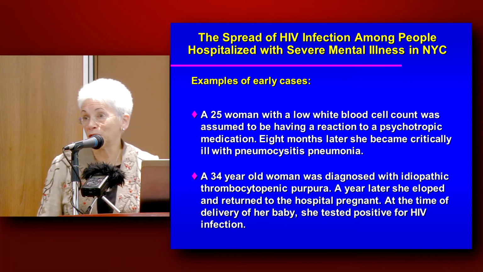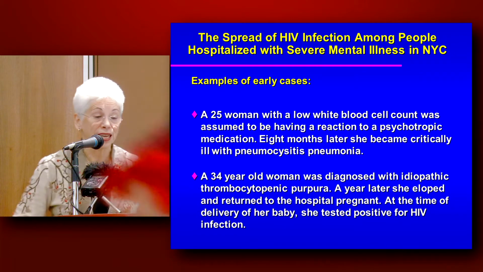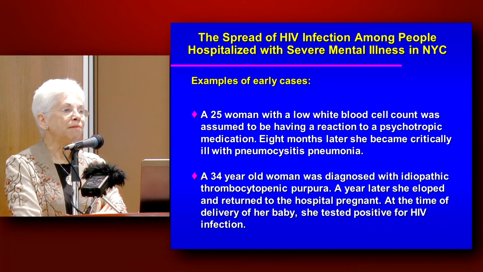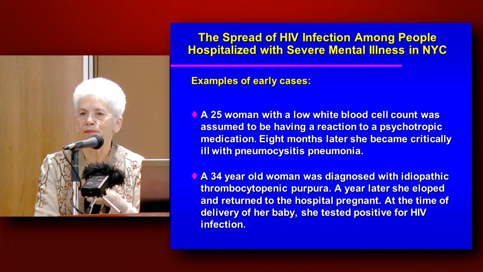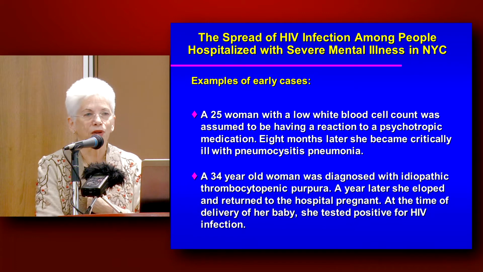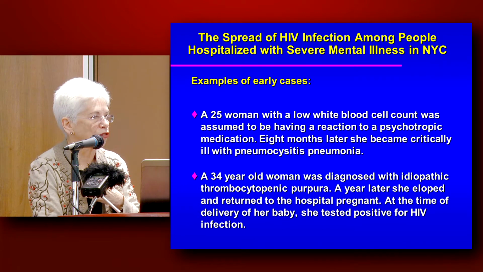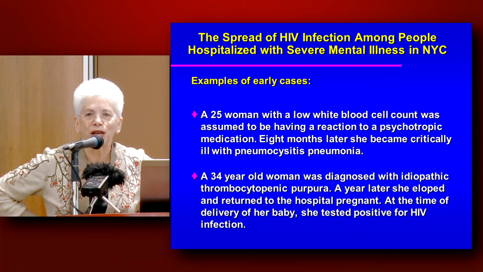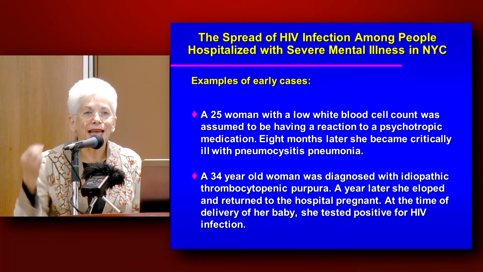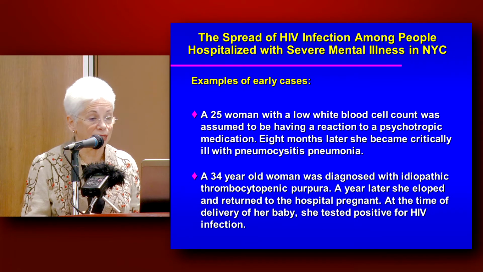Not that we would have been able to test her for HIV in any case. But 8 months later, she became ill with pneumonia, and she went to the general hospital, and a biopsy of her lung showed that she had pneumocystis carinii pneumonia. Well, we called it carinii, now we call it something else. But anyway, she had pneumocystis pneumonia, and that's how we made the diagnosis of AIDS.